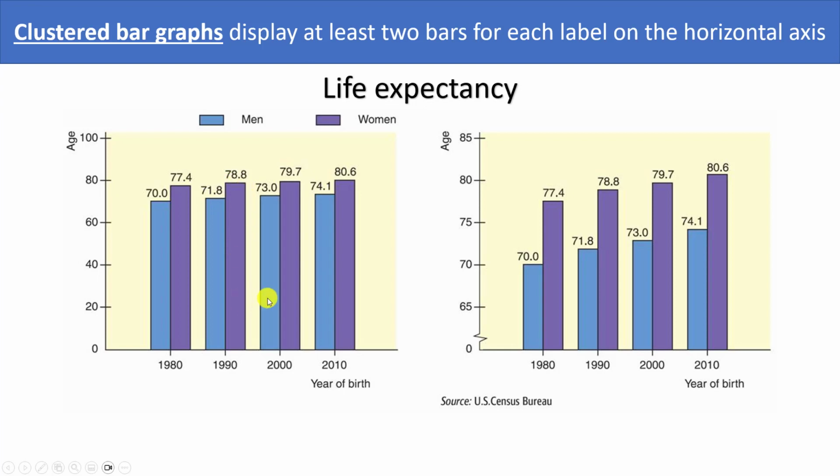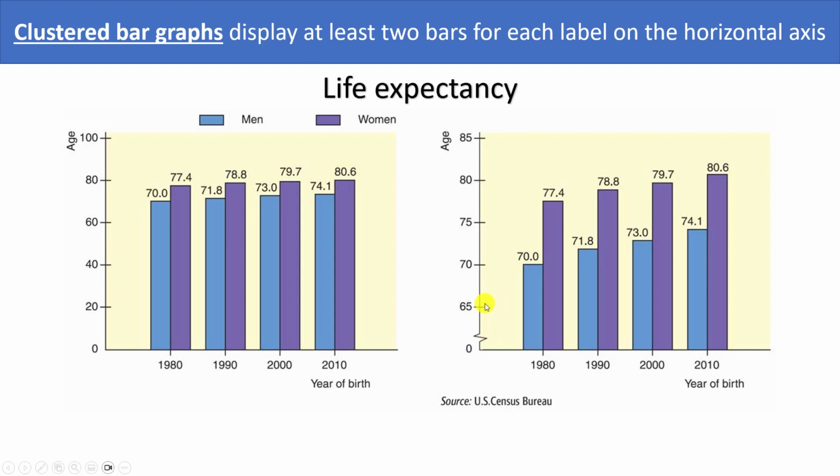And I have another graph over here on the right, which, just take a second to compare these two graphs and see if you can identify the difference between the two. So they actually are displaying the exact same information, but the difference is the scale, right? So this one starts at 0 and goes up to 20, 40, 60, 80, 100, whereas this one starts at 0, and then we have this changing scale symbol.